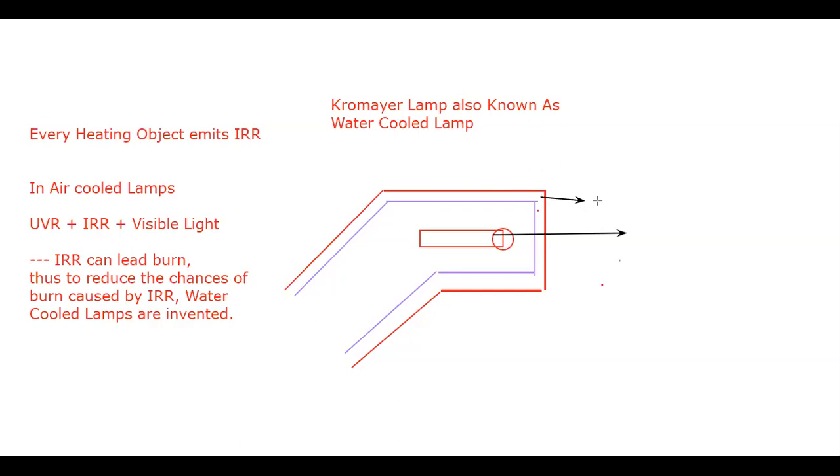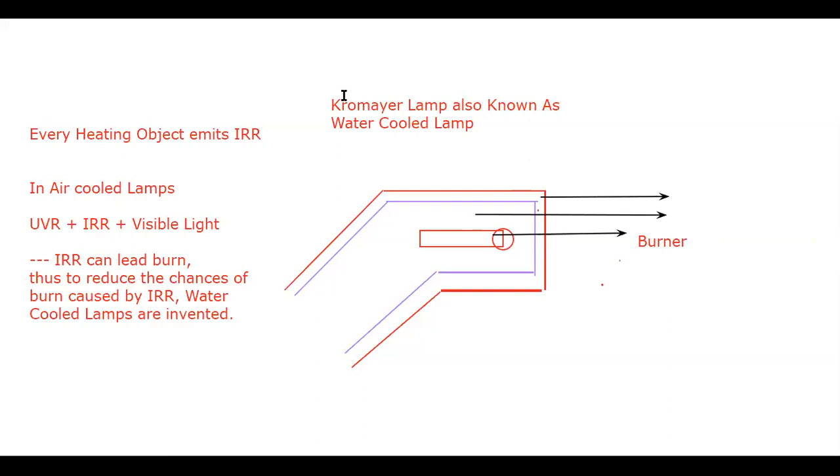Sorry, this is the water jacket, and this one is the space between the burner and the water jacket. Okay, so I would like to label it out: burner or UV. Yes, it is again a U-shaped tube.